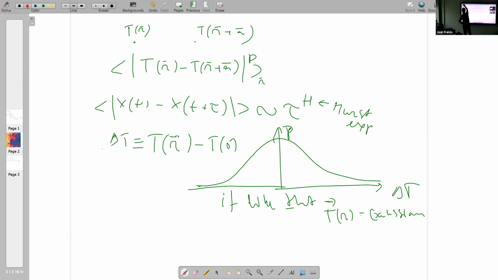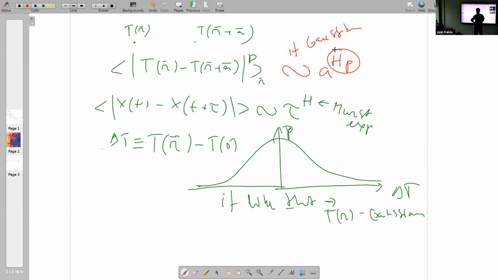There is only one single exponent, and if we take the power p, then this exponent just gets multiplied by p. So if T is Gaussian, the structure function scales with distance a as a to the power of h times p. So this scaling exponent is a linear function of p.